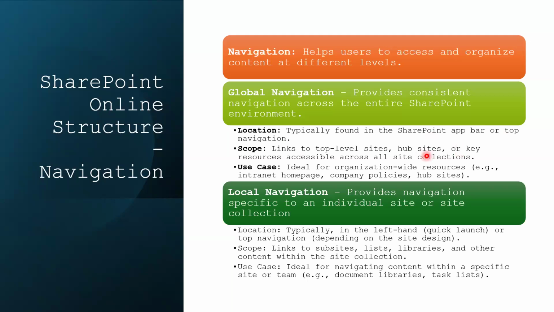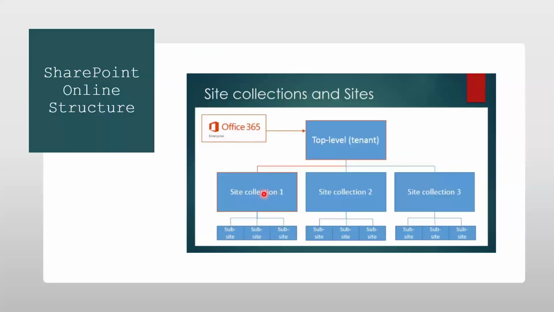Hub sites are key resources accessible across all site collections, and it is ideal for organization-wide resources, for example an intranet page, company policies, or hub sites. For example, here we see site collection 1, site collection 2, site collection 3. How can we link all these three? We can use global navigation.